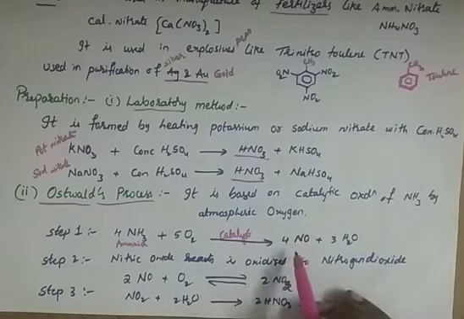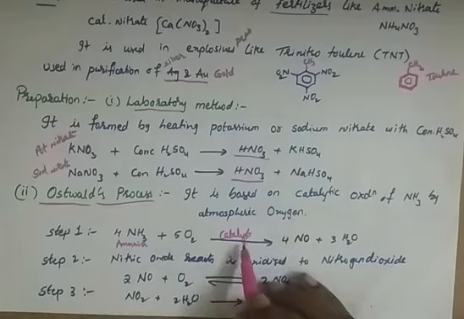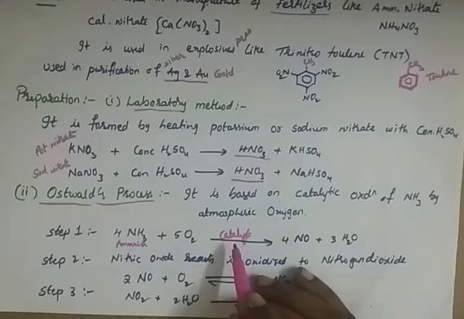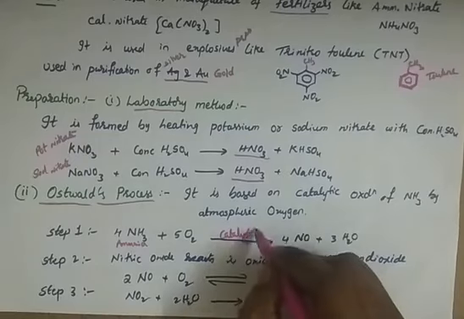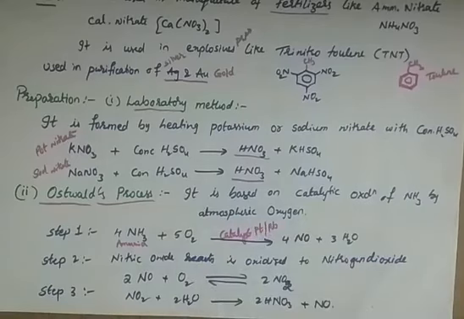That's why we have 3 steps. First NO is prepared, and here the catalyst can be platinum or rhodium, and 500 Kelvin is used.